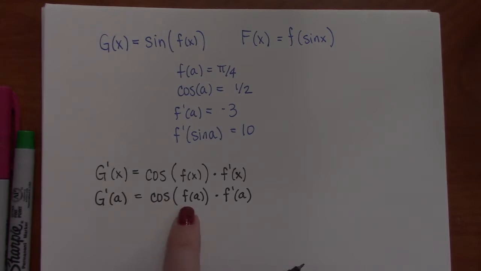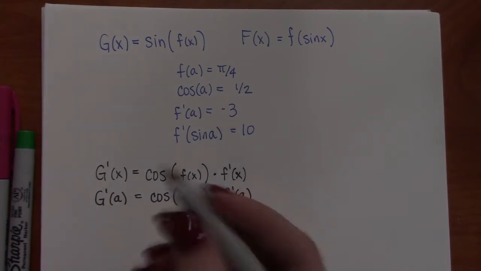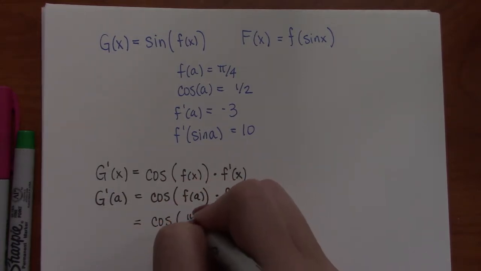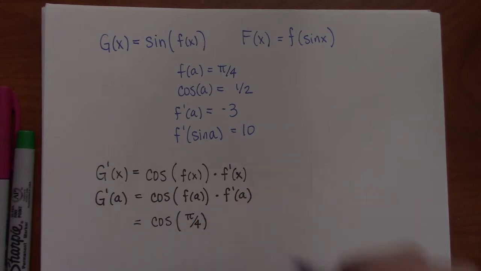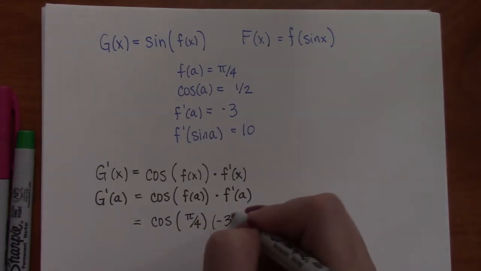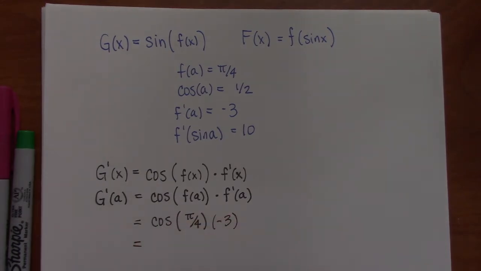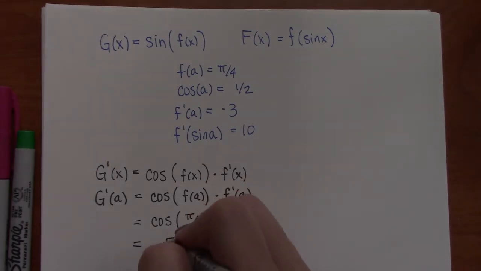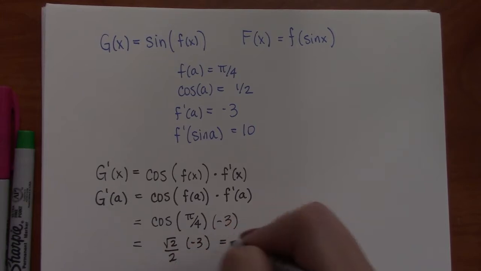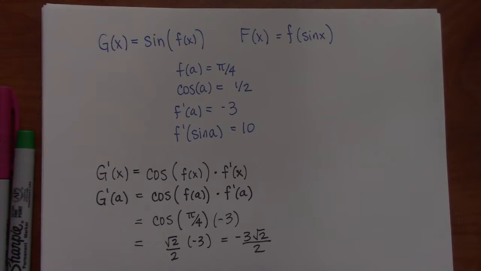It was cosine of f of A, and when you do composite functions, you work from the inside out. So cosine of f of A was cosine of pi over 4. F prime of A was given as -3. Because this is one of your special angles, we expected you to actually know that value, and this is square root of 2 over 2 times -3, so it was a little bit easier to read if we wrote it like this.